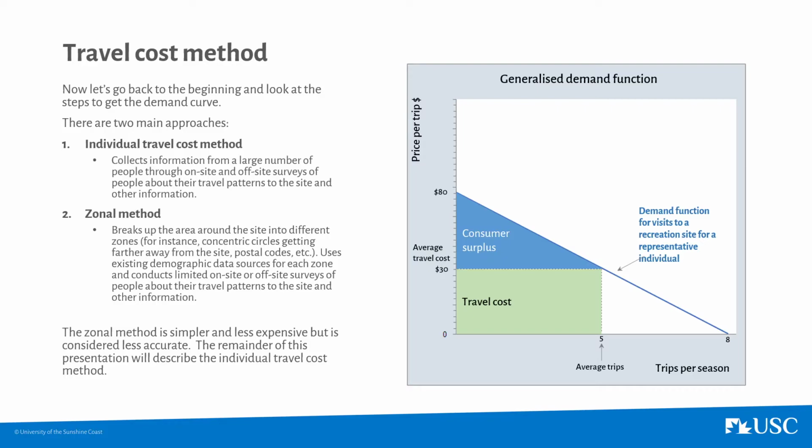So in general, the zonal method is simpler and less expensive, but it's considered less accurate. And so what I'll be describing in the remainder of this presentation is instead the individual travel cost method.